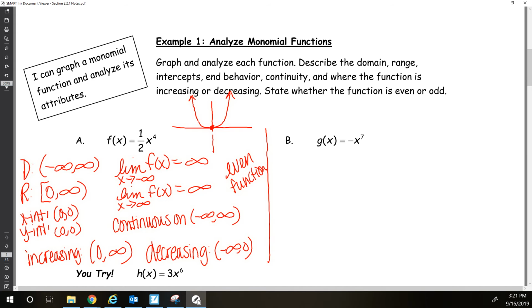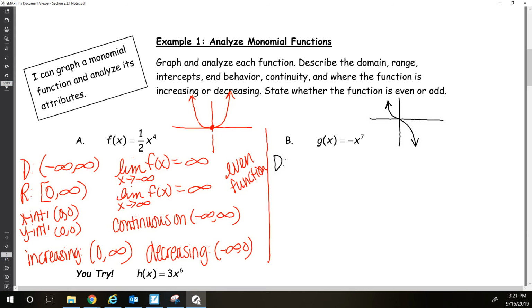All right. That's it for A. B, I have an odd degreed function. It's got a negative leading coefficient. So instead of looking like this, it's going to be decreasing. I guess I should put coordinate axes there. All right, and goes through 0, 0. It may be a little bit fatter, it may be a little skinnier, but it's got that general shape. And from that, we can find everything they're looking for.